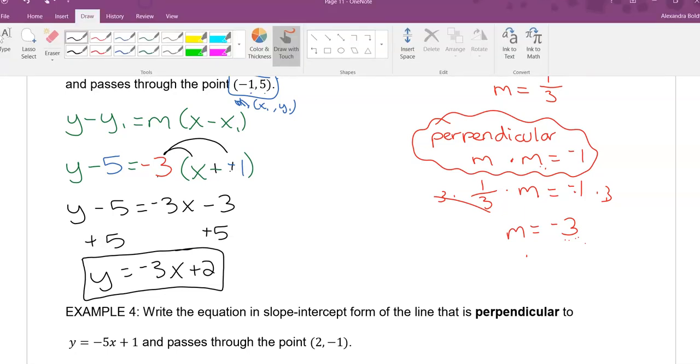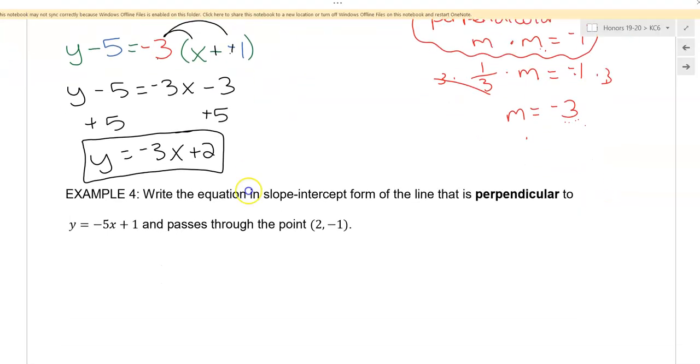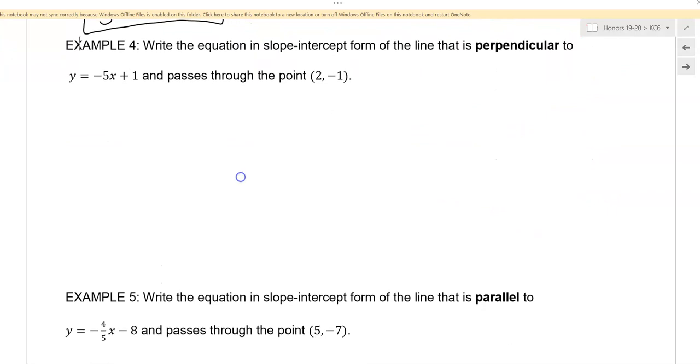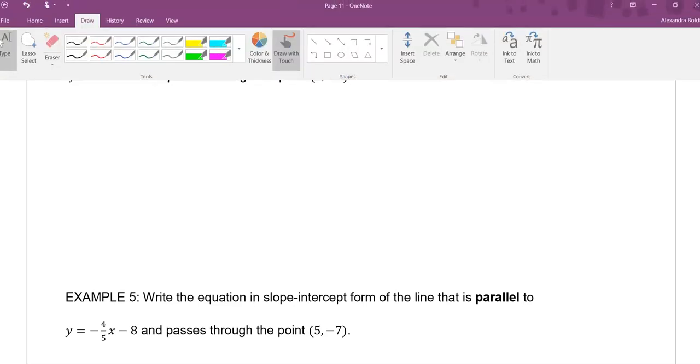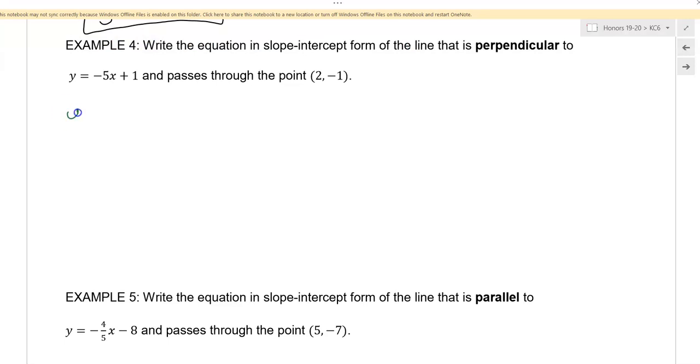All right, looking at example 4. Write the equation in slope-intercept form of the line that is perpendicular to y equals negative 5x plus 1 and passes through the point 2, negative 1. Same exact idea. So I have y minus y1 equals m times x minus x1.